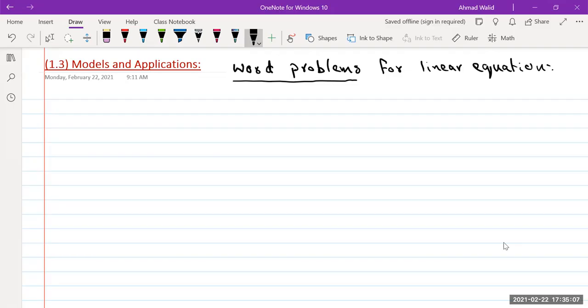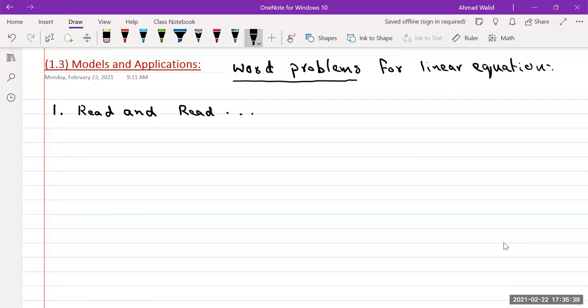When you are dealing with a word problem, or in general what we call an application, there are a few steps that you have to focus on. Step one, when they give you a word problem, read, and read, and maybe read it for the third time also.